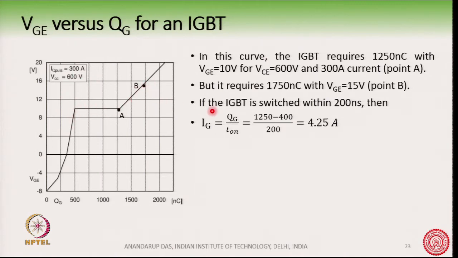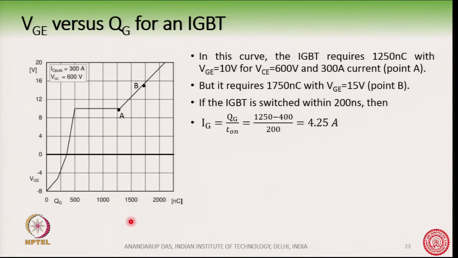So, if you observe this curve here, you can settle at point A or you can settle at point B. If the VGE voltage is 10 volt, then you will settle at point A, and then you will require a lesser amount of charge, maybe around 1250 nanocoulomb.